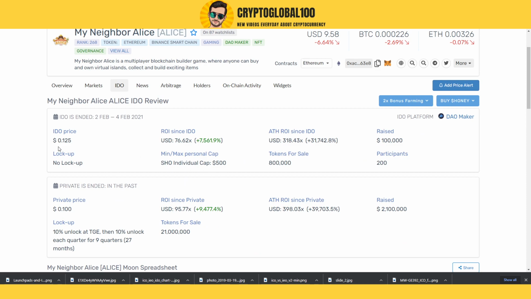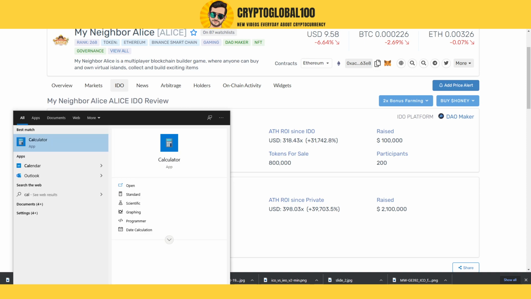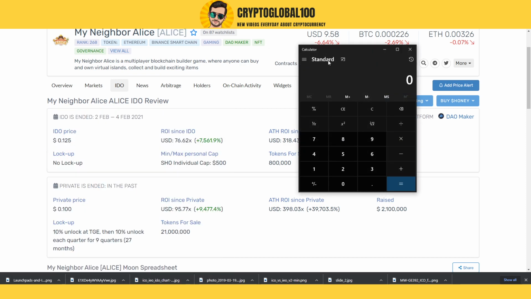Let me turn on the calculator for you. If one coin was this, let me multiply it with 0.125. So you could have something like 62 tokens at that time.